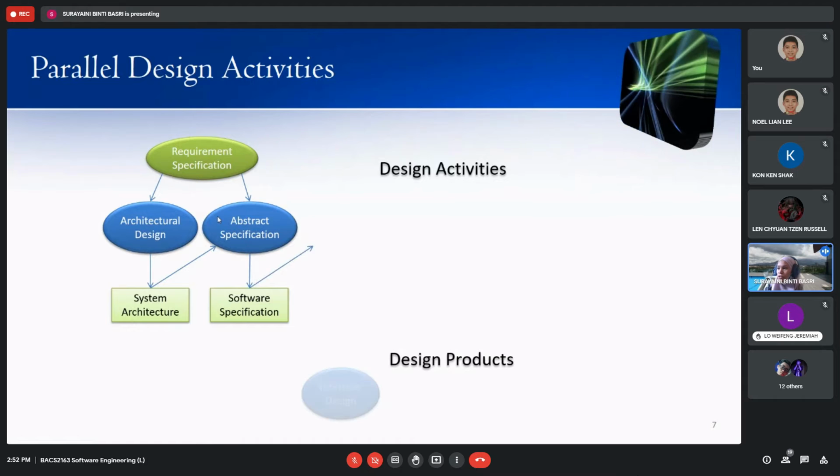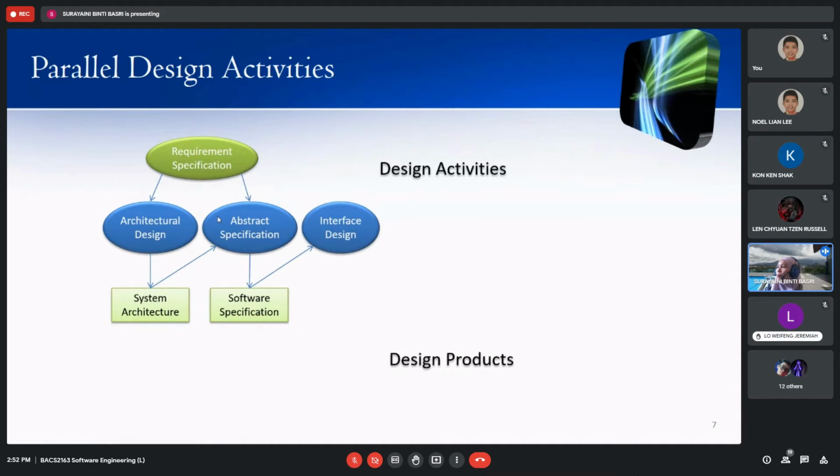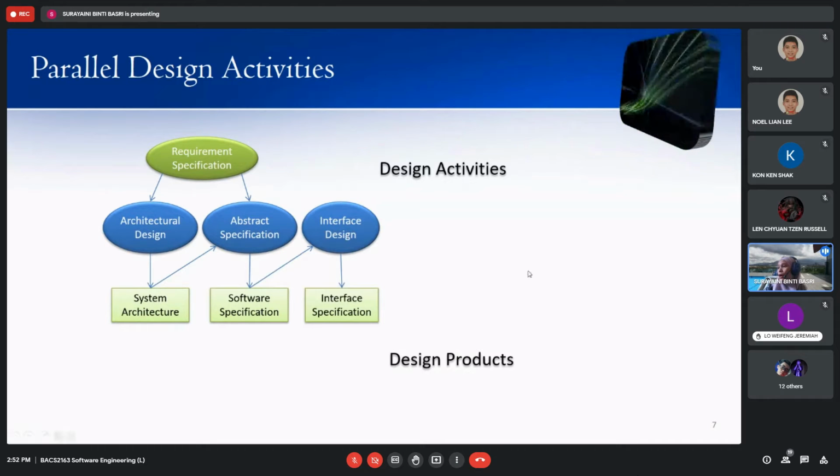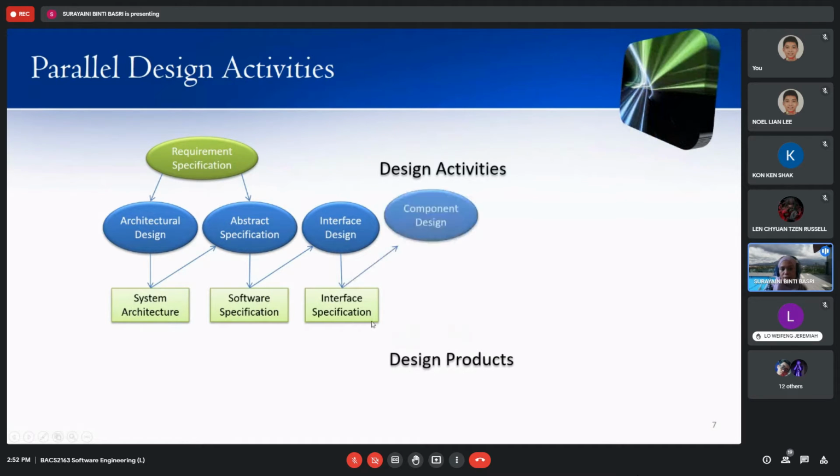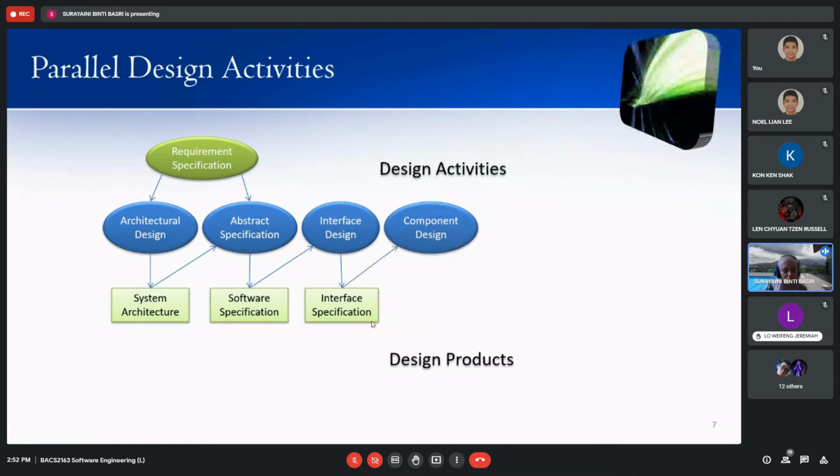And then after that, you can proceed to the interface design, where we have learned last week, user interface design. From that activity, you come out with the interface specification. And then from the interface specification, we can proceed to the activity of component design.